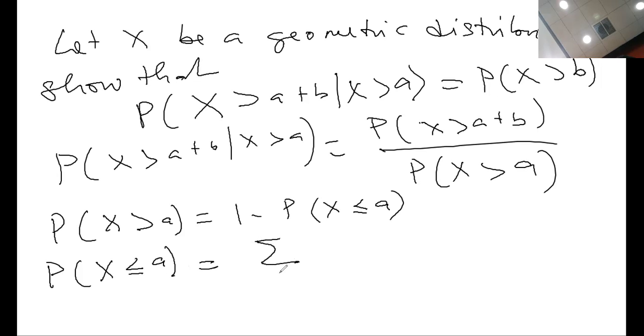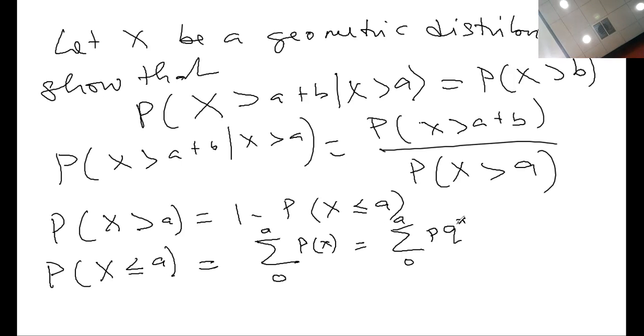It is equal to the sum from, let's say, 0. This is a geometric distribution. It starts from 0 to A. P of X, which is the sum from 0 to A. Remember the geometric distribution, P times Q raised to power X. Remember that in the geometric distribution, X is the number of failures before the first success.